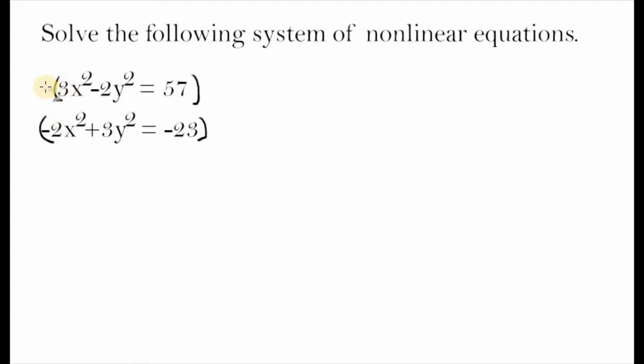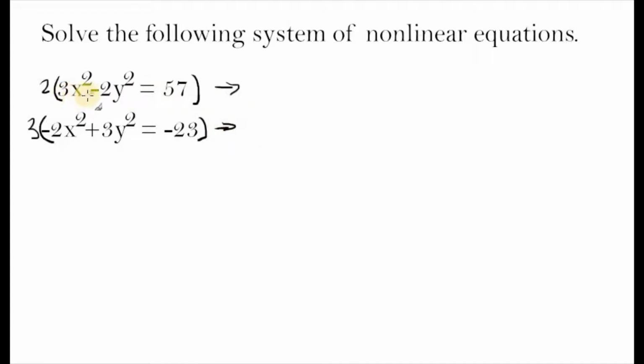So if we multiply the top one by 2, 2 times 3 will give us 6. And multiply the bottom one by 3, 2 times 3 will still equal 6. And since the bottom one is already negative, we won't have to multiply by a negative number. Now if we multiply this through, then we can start eliminating.